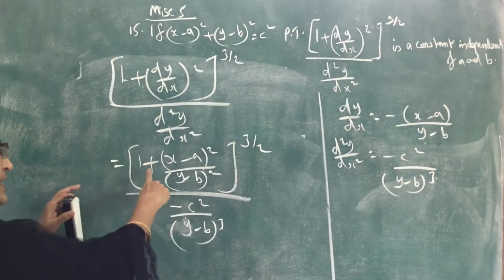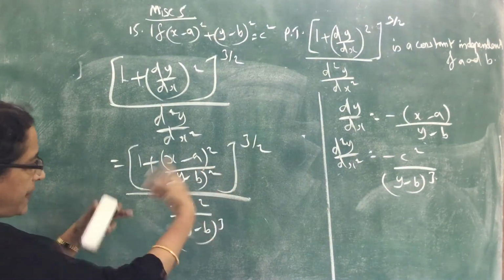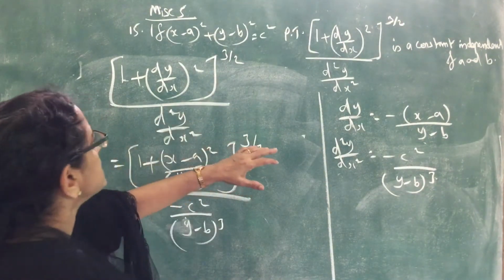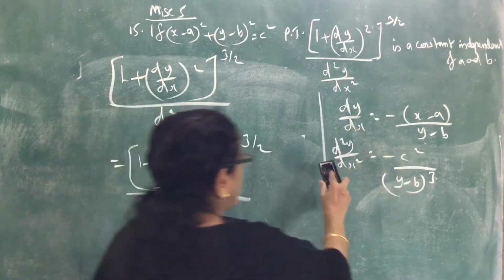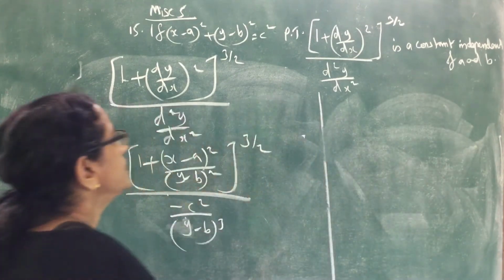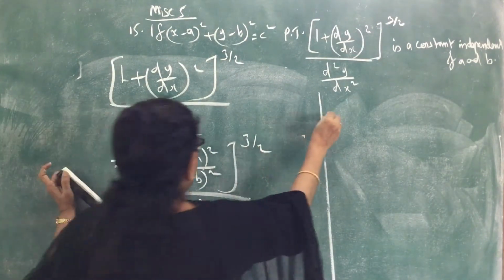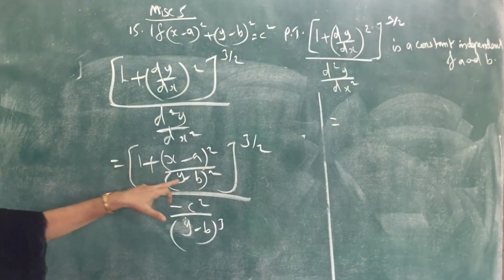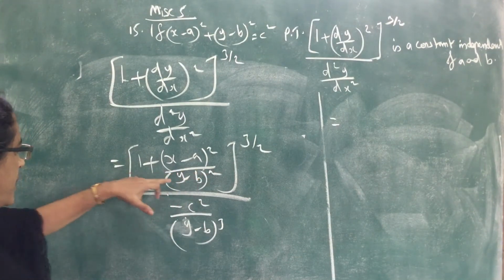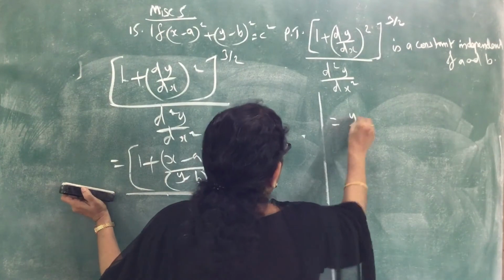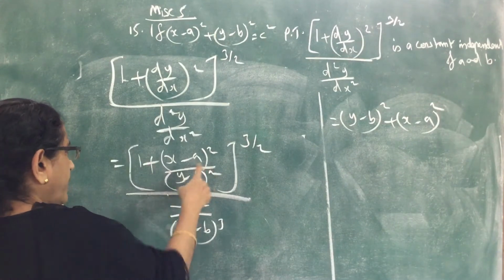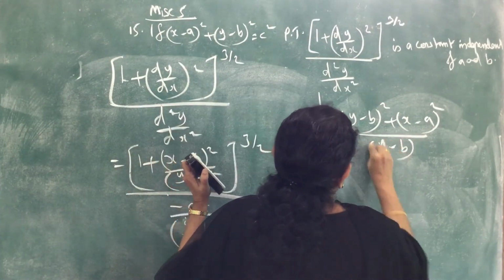Now here we can find the LCM. Then we have to multiply by the reciprocal, this divided by this. So this is equal to: 1 into (y minus b) whole square, that is (y minus b) whole square plus (x minus a) whole square, whole divided by (y minus b) whole square.